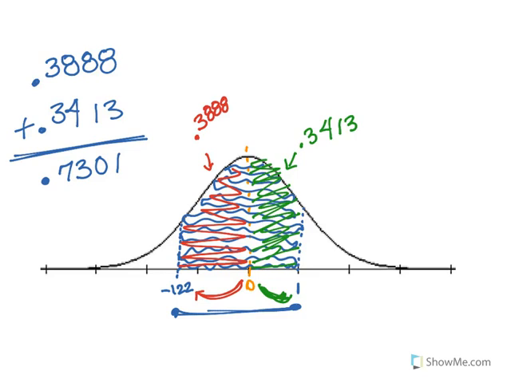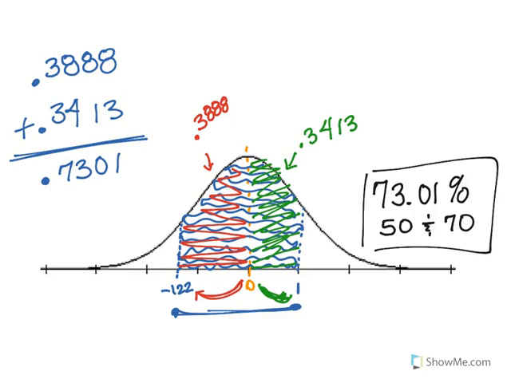So if we were doing the percentage, that would be 73.01% of the finishers finished between 50 and 70 minutes.